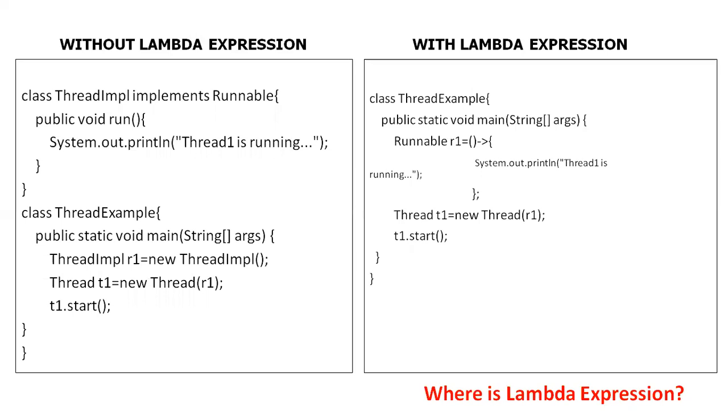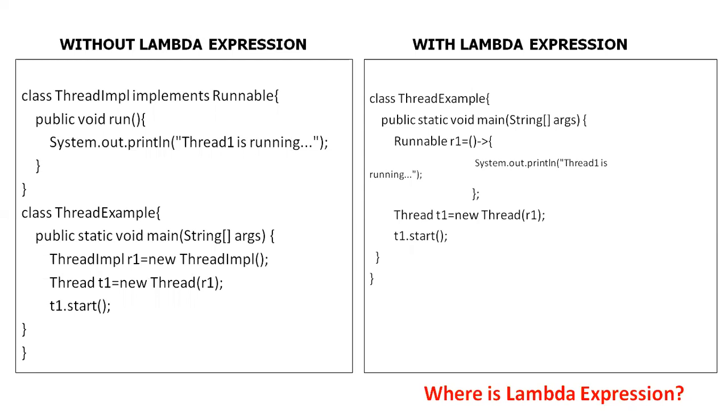To run a thread, for the object creation, class ThreadExample, public static void main(String args), ThreadImpl r1 is an object equal to new ThreadImpl, Thread t1 equal to new Thread, passing the object r1 to the Thread class, and t1.start.